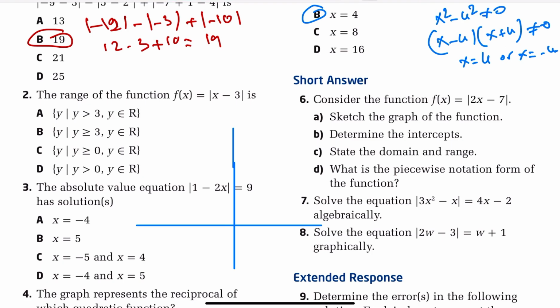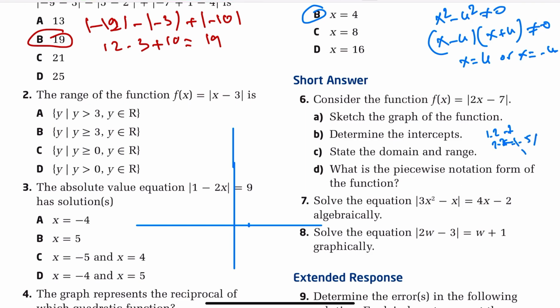If I have x equal to 0, y will be equal to 7. Let me take, for example, x equal to 1. So 1 times 2 minus 7, which will be 2 minus 7, which is minus 5.